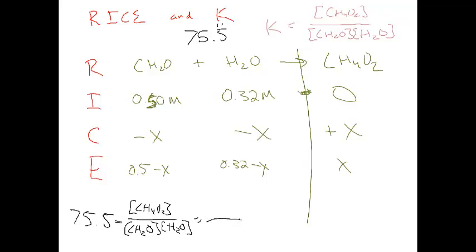So what's my numerator? What do I put in for my numerator? Cameron. So we're at equilibrium, right? So what do I put in for my concentration of this at equilibrium?